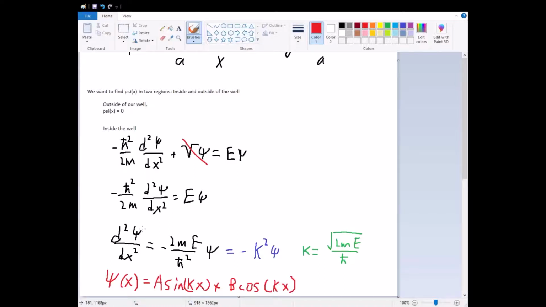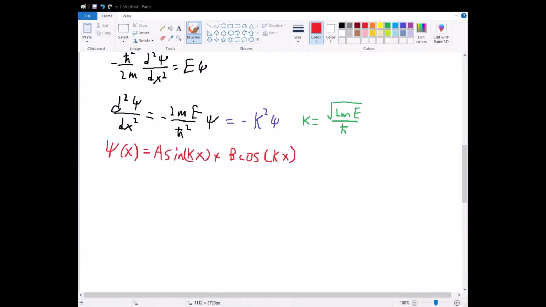And so we have effectively solved for our time independent solution for the infinite potential well. And at this point, all we have to do now is find out what these constants A and B actually are, because otherwise everything else has already been defined for us.